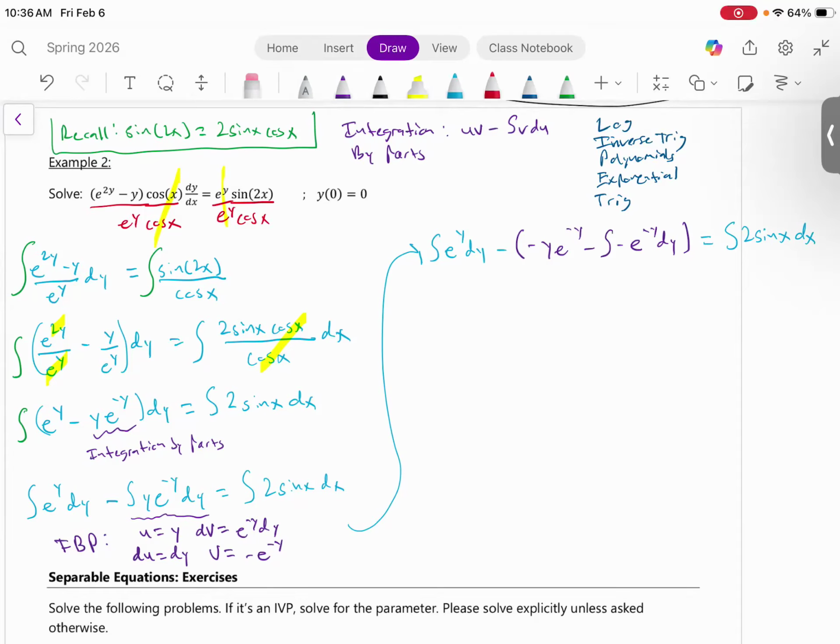Okay, so let's go ahead and distribute in this negative. We want to clean up all these negatives so we're not getting the incorrect answer. So integral e to the y dy plus y e to the negative y plus the integral of negative e to the negative y dy equals the integral of 2 sine x dx.